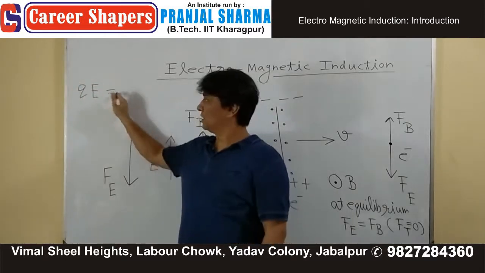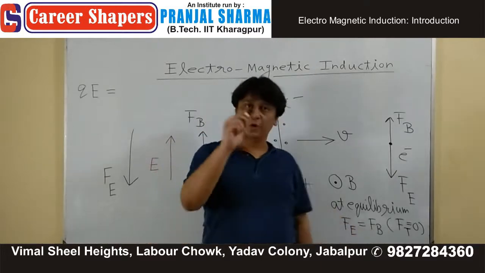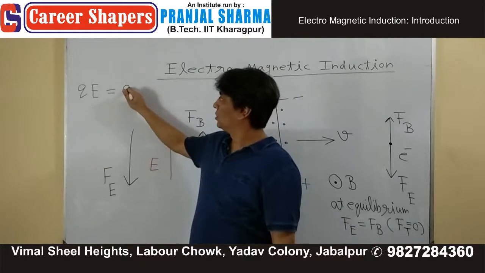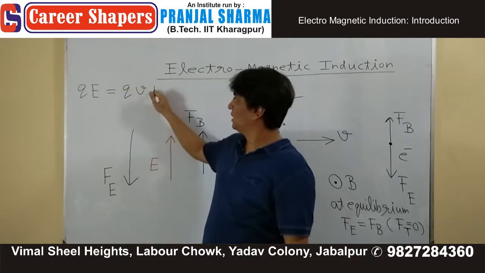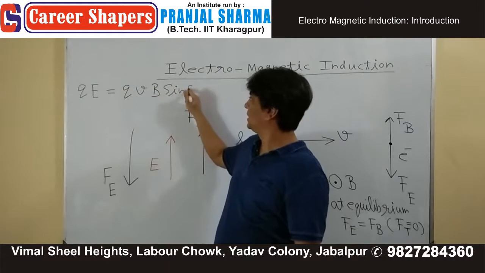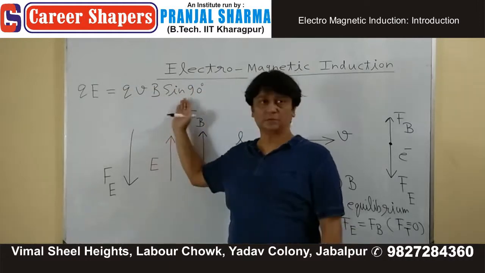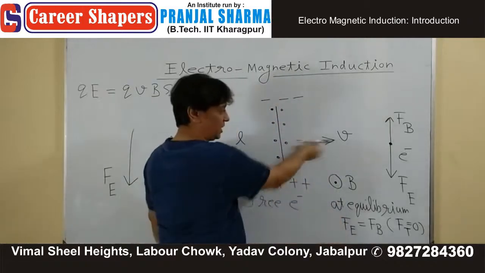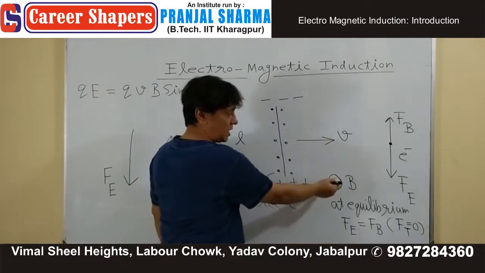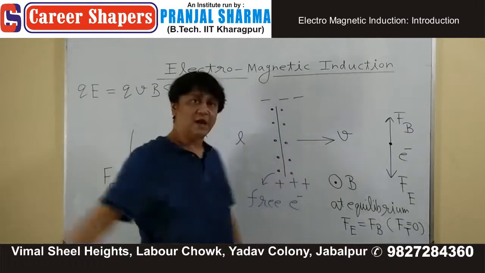What is QE? Force coming from magnetic field. What is that? Q V B sine of 90. Lorentz force. V B, an angle between V and B is what? 90.